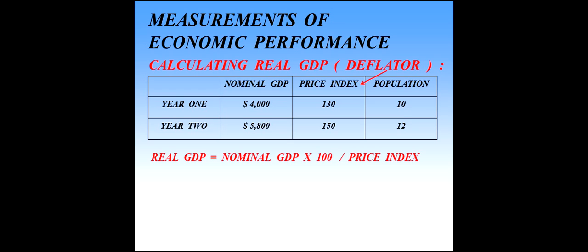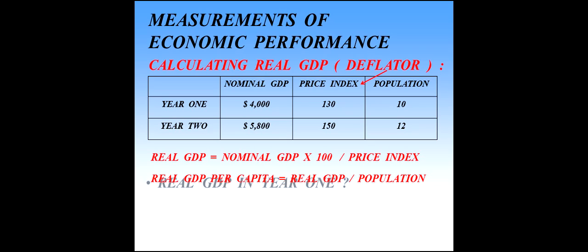So to find our real GDP, remember we take our nominal GDP times 100 and divide it by the price index. And for GDP per capita, meaning per head population in the country, we take the real GDP number and divide it by the population of the country or the particular area.